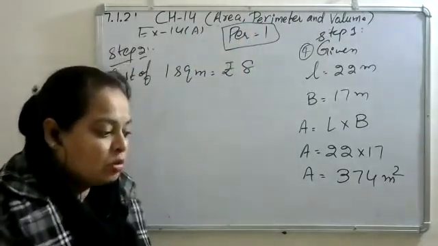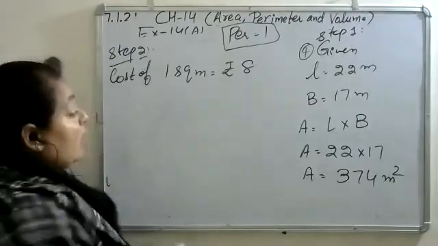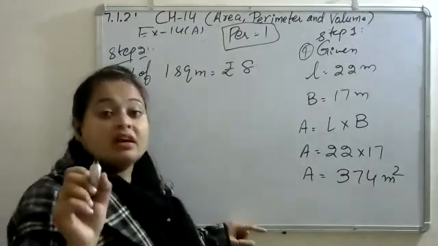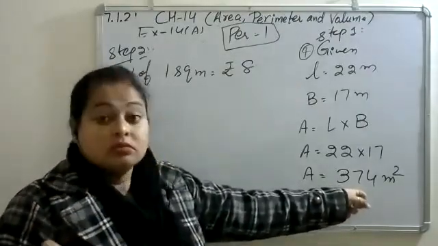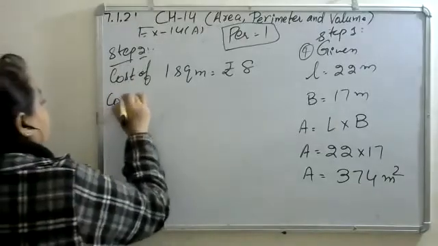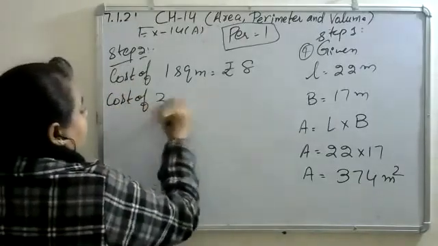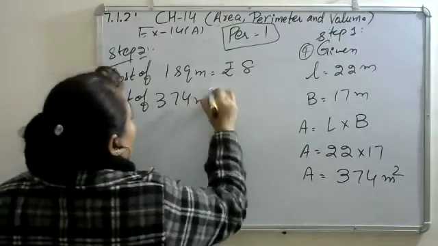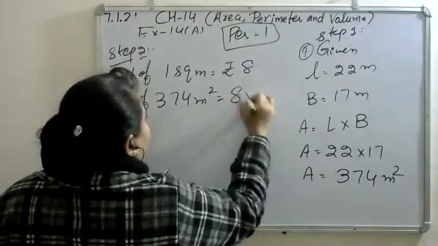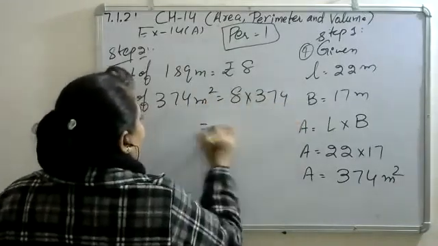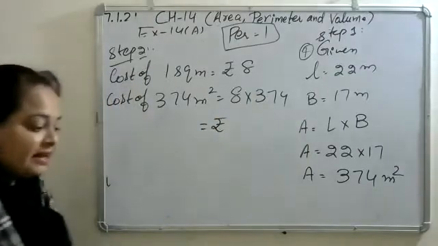Okay. Now the question is आपने किसकी कॉस्ट फाइंड करनी है? अपने एरिया की. So cost of 374 meter square is 8 multiplied by 374. Now students, multiply and tell me the result.